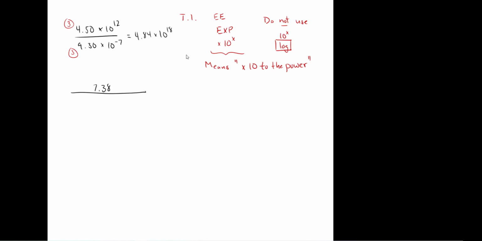So let's say I have here 7.38 times 10 to the 15 divided by 2.24 times 10 to the 4th times 1.38 times 10 to the negative 6.